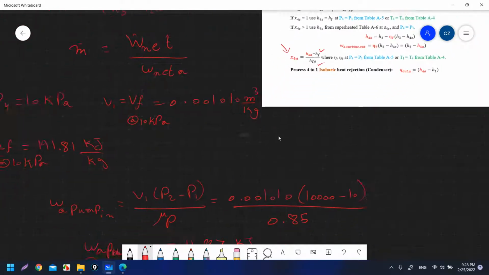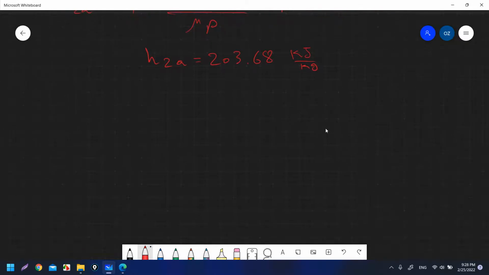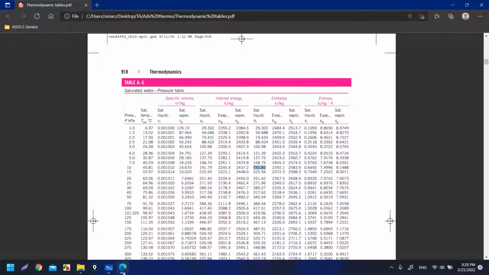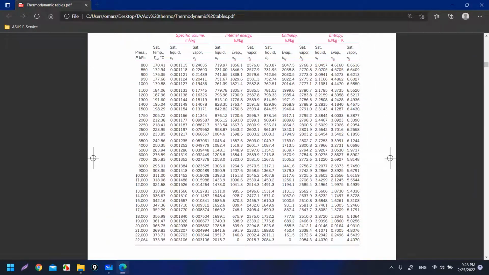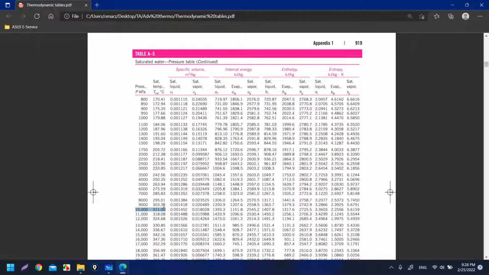So let's go and check from the pressure table, table A5. The pressure at state 3 is 10,000 kilopascal. We will compare our temperature T3 with the saturation temperature, and as you can see, my temperature T3 is 500 degrees Celsius, and the saturation temperature is less than T3.